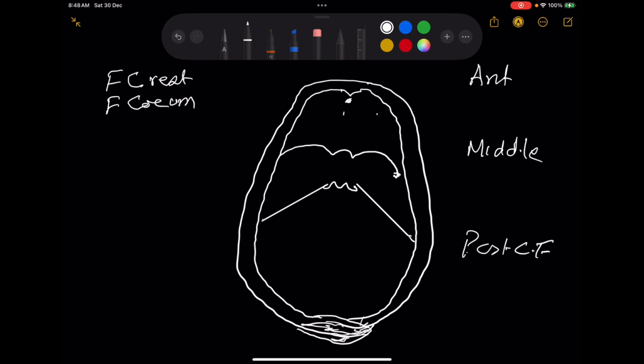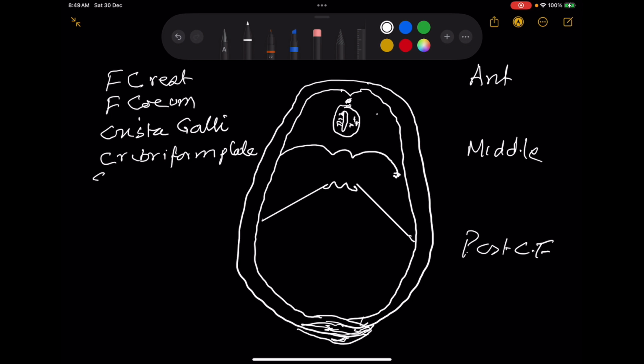Behind this you have the crista galli, where the falx cerebri is attached. Around this you have a plate which has multiple holes, and this is the cribriform plate of the ethmoid bone.